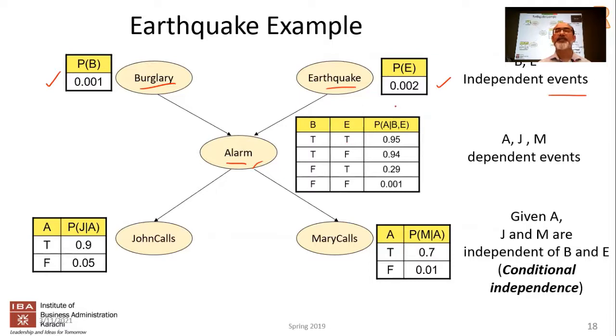But here it's given as a joint probability. In other words, you don't really know what's the probability of an alarm only given burglary. You're given what is the probability when both of these happen. And there are 4 combinations of these, right? So you could have both burglary and earthquake happening, and none of them happening, and the other 2 combinations.